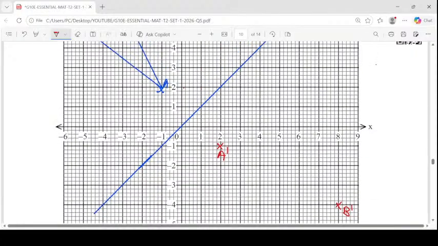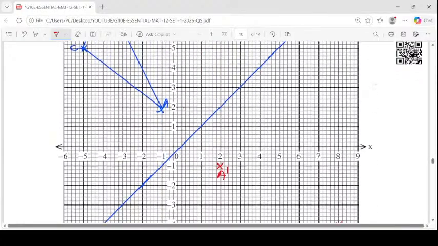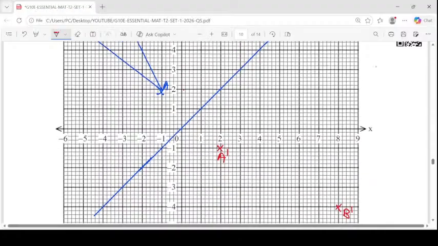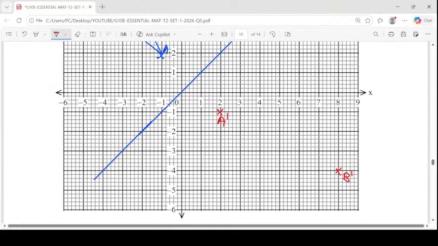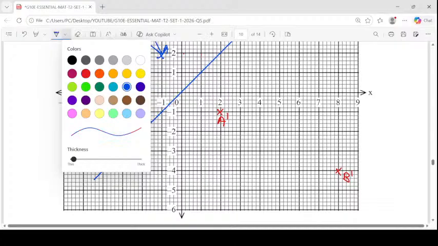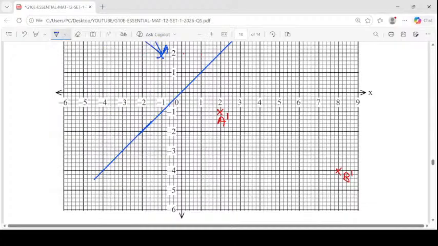Then C prime, let me see. With C prime, let me move, I was supposed to extend this line. Let me extend it also. And let me do now the counting.